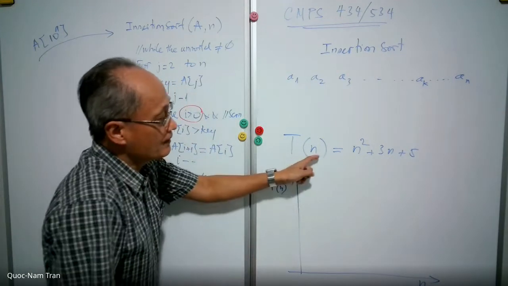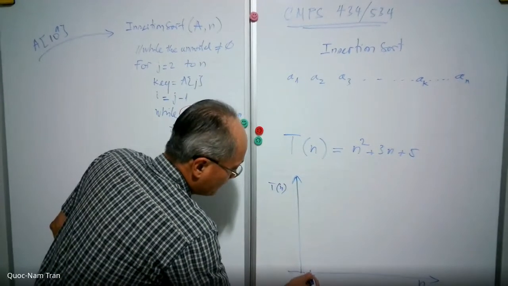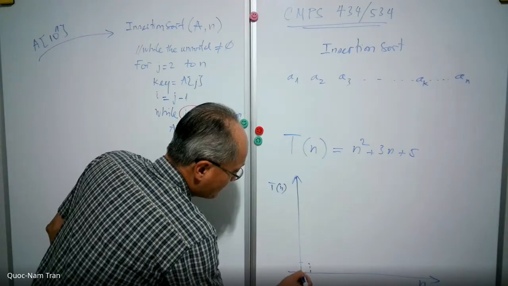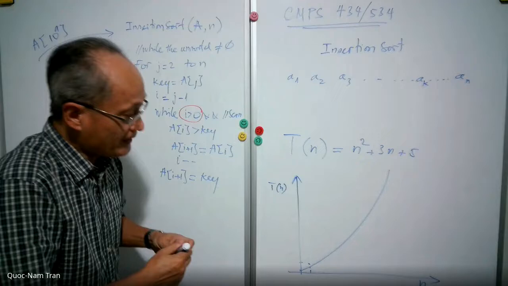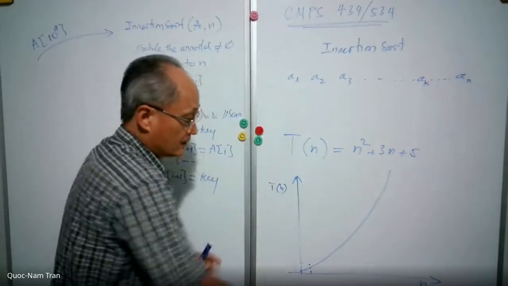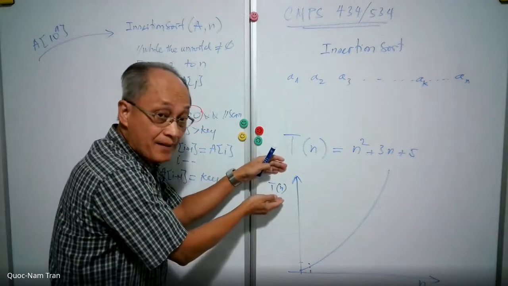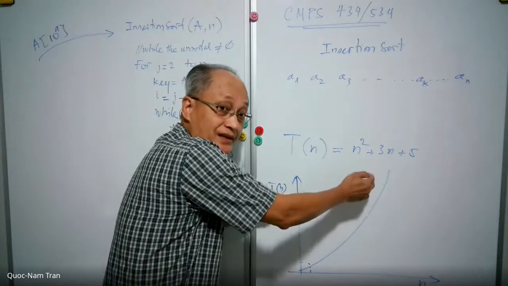So if it's n squared plus 3n plus 5, then it will go like this. So we can expect that when n grows, the time needed for running the algorithm will also go like this, right?